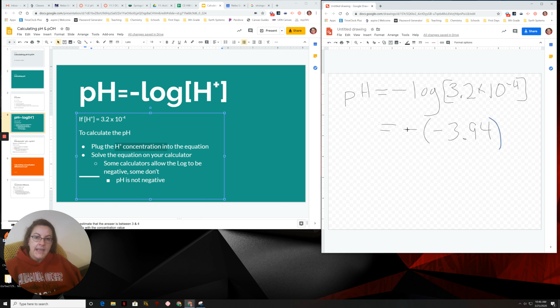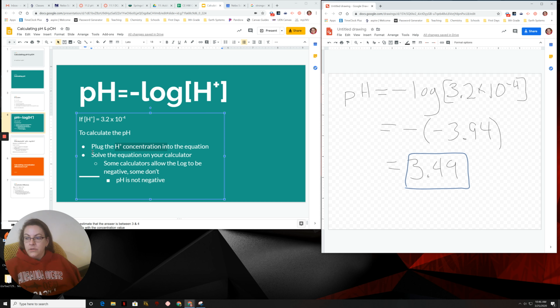Notice I've got a negative out here and I'm multiplying it by a negative number. That makes my answer a positive number. So the actual pH of a hydrogen ion concentration of 3.2 times 10 to the negative fourth is 3.49. And so this would be the answer.